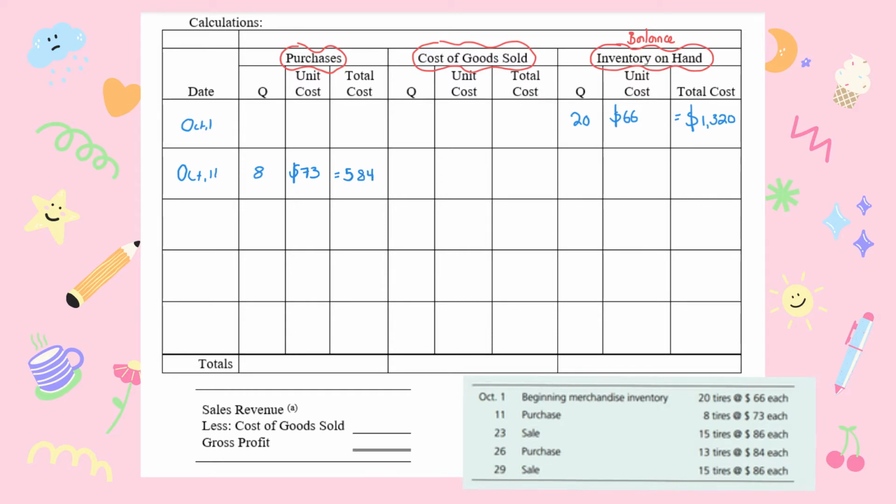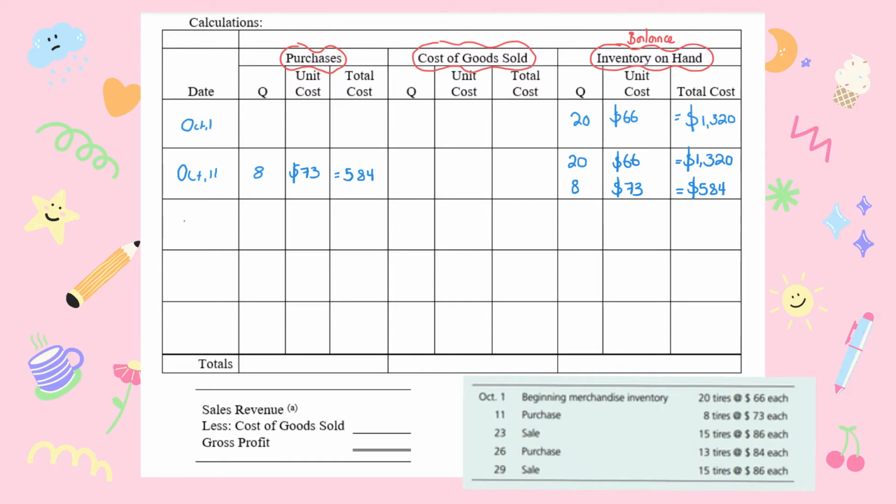I had 20 units and I purchased 8. So I have 20 and 8. So 20 at 66 each. So the total cost will be 1,320. Then 8 units, 73 each. So the total will be 584.